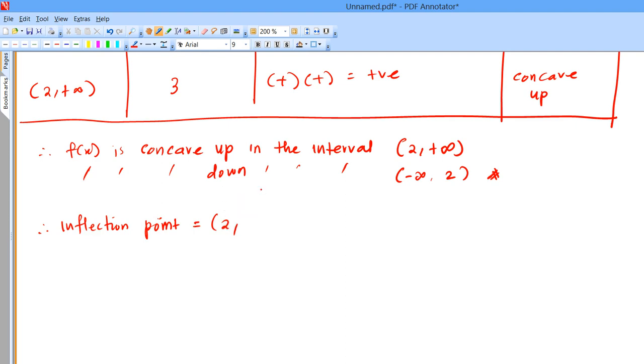Just substitute 2 into f x. So you will get y equal to 4. So 4 is actually f of 2, substituted into f x. So we get the inflection point equal to 2, 4.